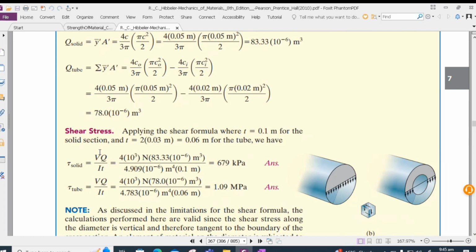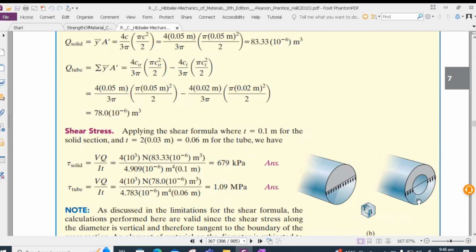So V is known, Q has been worked out, moment of inertia has been worked out. Now the width B or the thickness t, whatever we want to call it, in the case of the solid shaft is the diameter or 2 times the radius. So that gives us 0.1 and we plug the values and get 679 kilopascals.